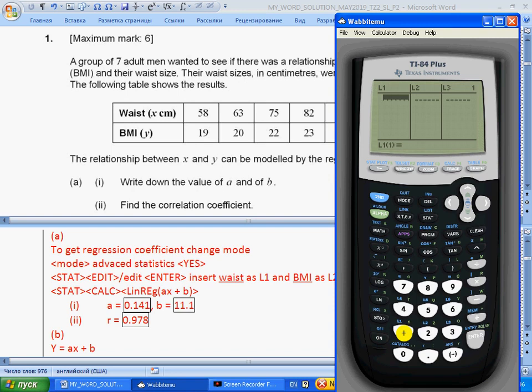Here we should put data into the L1 and L2 columns. L1 will be X, L2 will be Y. So let's do it.